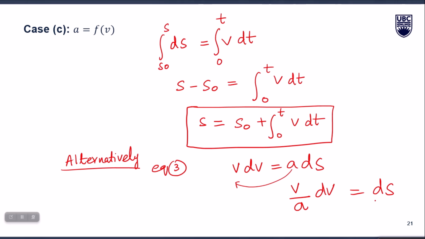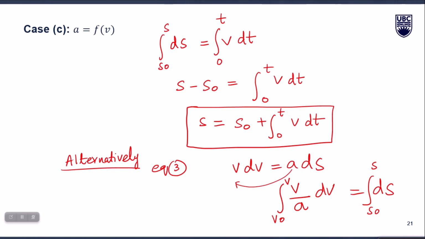And in integration form it will become from v naught to v, and this will become s naught to s, right? So now a is expressed as a function of velocity, so you can put that function here and the left hand side of this integration will be all in terms of velocity, right?